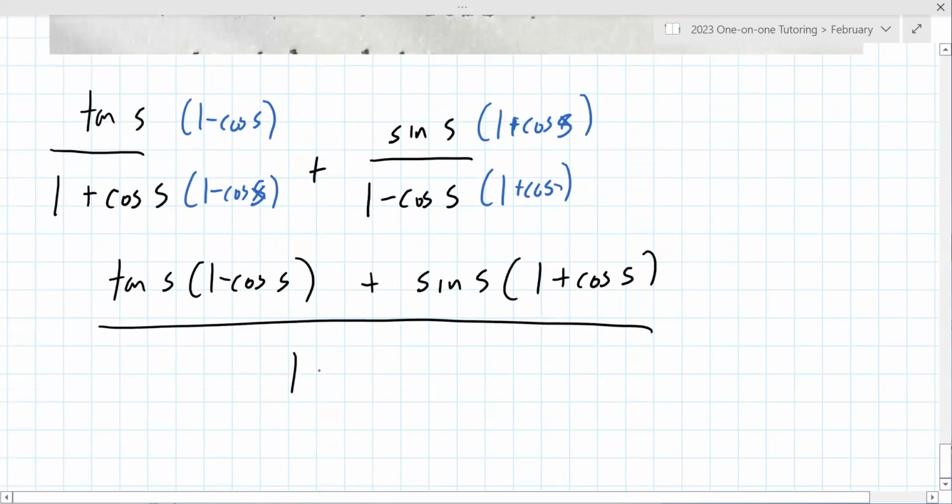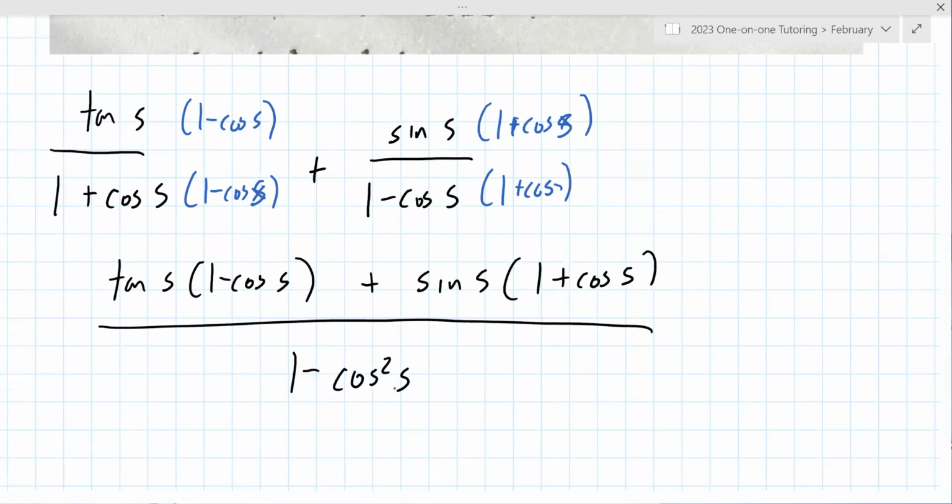And you're probably starting to notice that whenever you have a 1 minus cosine squared, you convert that to what? What did we convert this to in the last few problems? The bottom I'm talking about. Sine squared. Yeah.